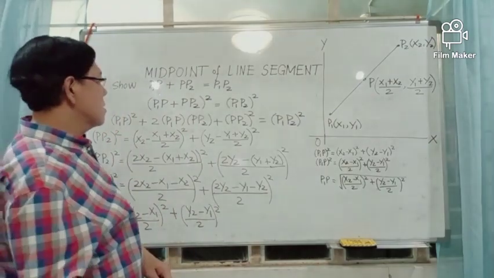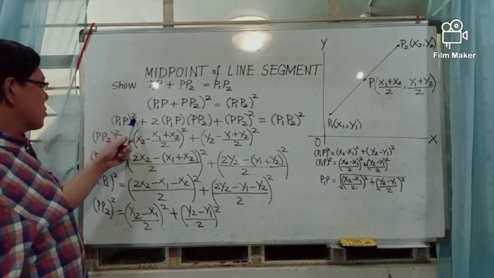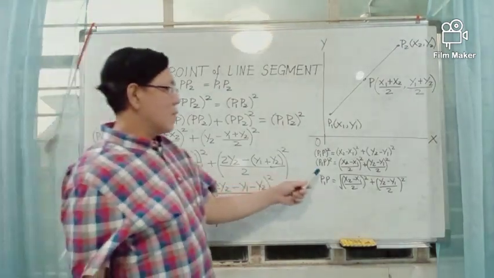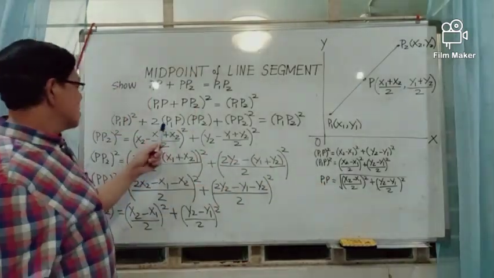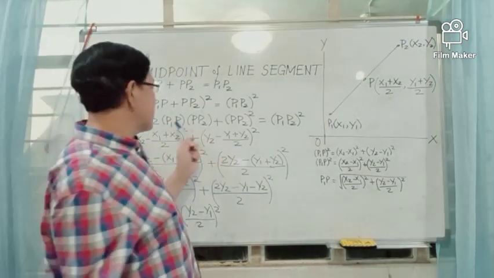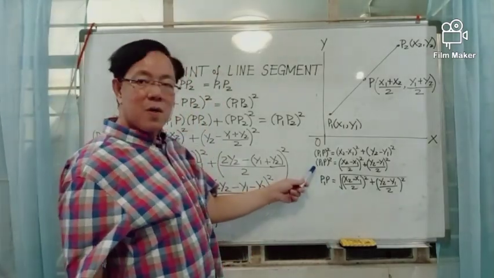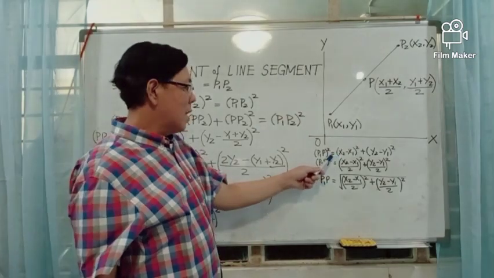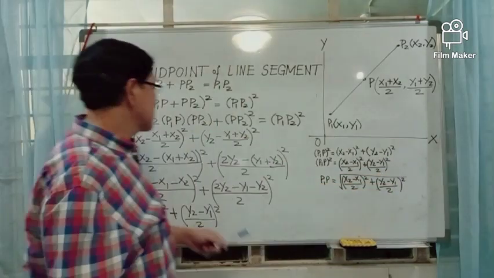And we will now substitute the square of the distance between P1 and P, which we have shown is equal to this. We substitute the distance between P1 and P, obtained from here by getting the root of both sides.